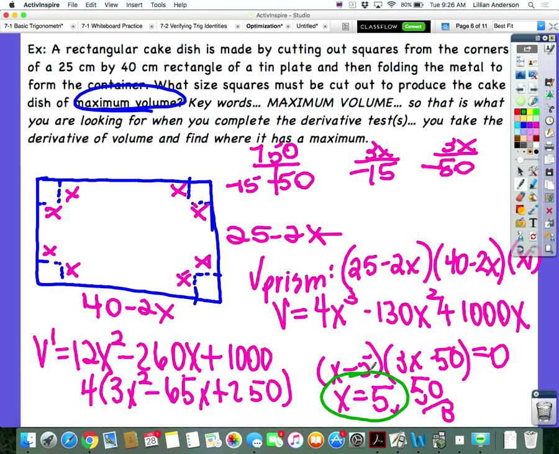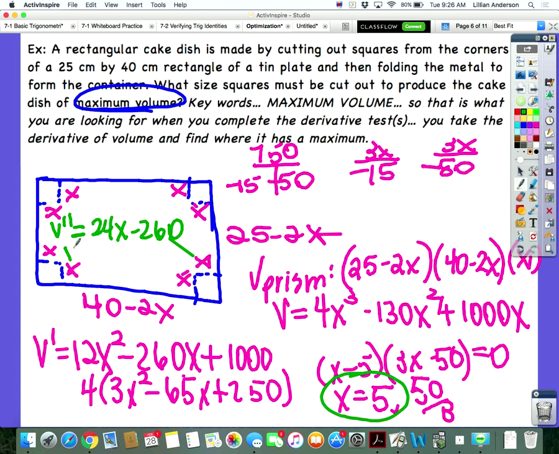You want to do second derivative, you want to do first derivative test, which one do you want to do? Second derivative? Okay. So then that means I need a second derivative. What's my second derivative? Oh, wait, that's the original. Here. What's my second derivative? Anybody? 24x minus 260.